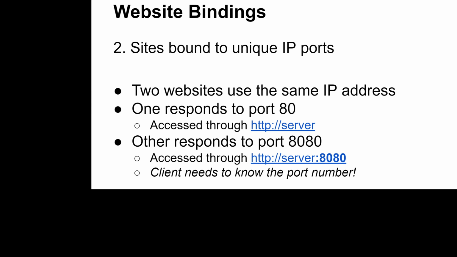It can be used, but it isn't used a lot. It's more used for internal testing or whatnot. We don't have to specify port 80 because HTTP by default uses port 80. But if you're going to use any other port, you have to include the port number as part of the URL. Otherwise, it won't go to that particular website.